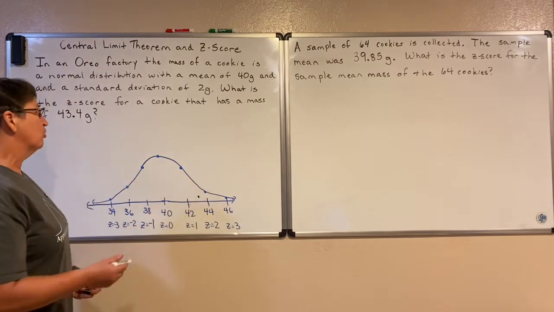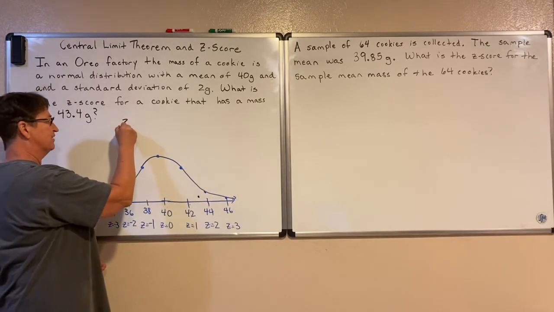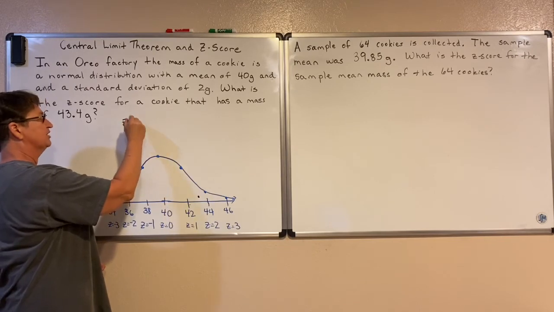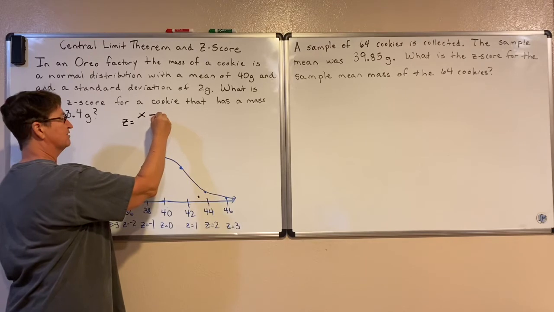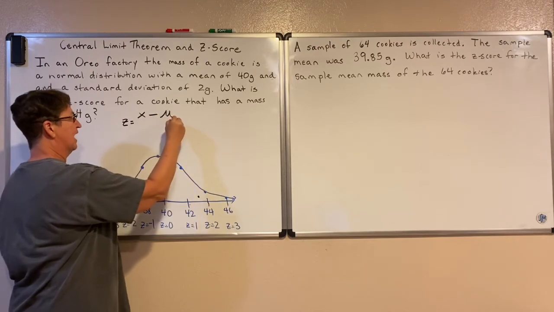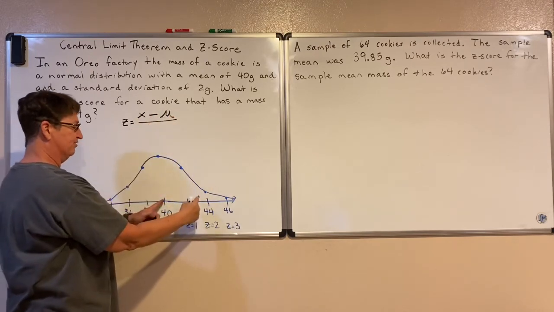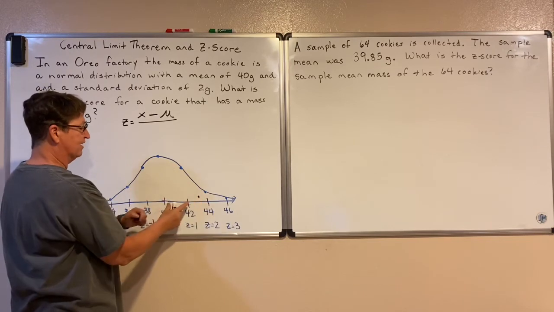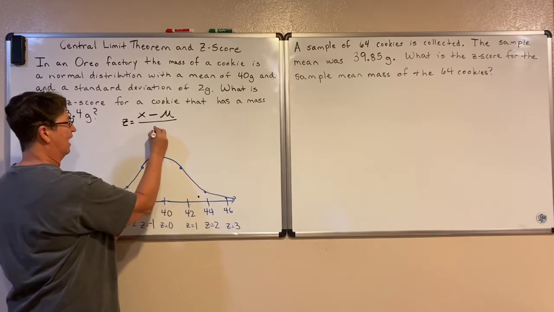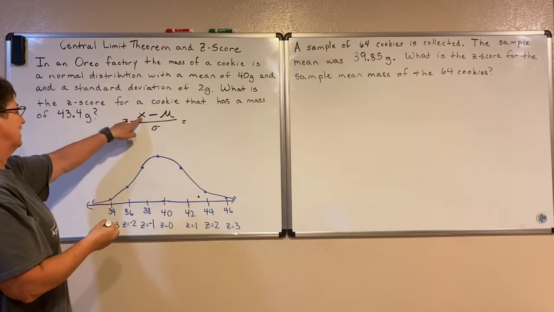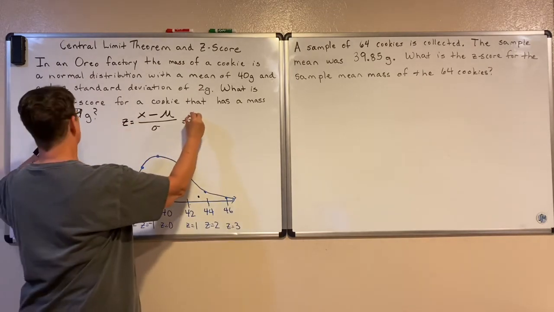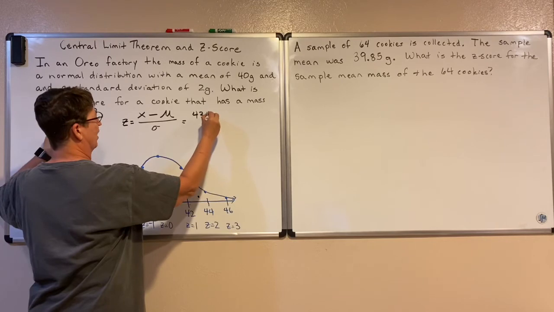To find out more precisely, we can use that z-score formula that just says I take my data value, I subtract my mean, and I divide, so I find out this distance, and then I divide by this width, so I divide by my standard deviation. I'm going to do that here. My data value is that 43.4 grams.